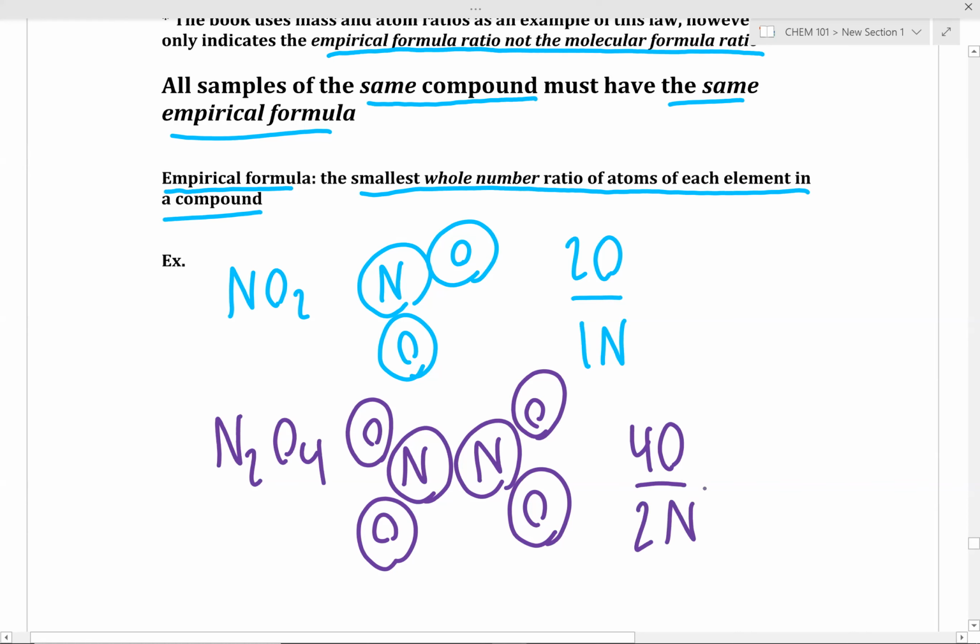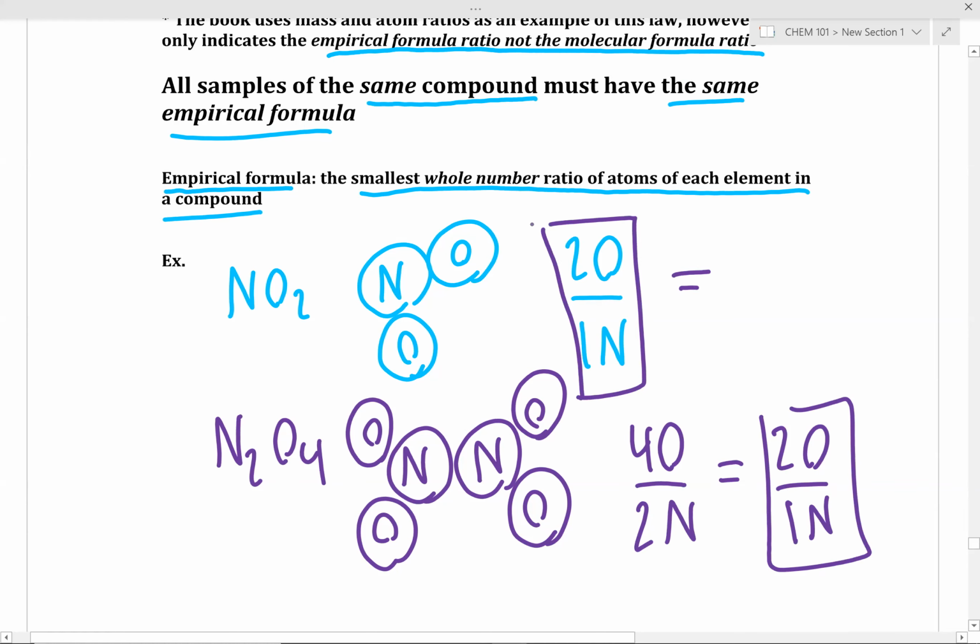Now, clearly, are these 2 species different compounds? Do they have a different number of atoms of each element? Yeah. However, if we're only looking at atom ratios and mass ratios, this ratio simplifies to 2 oxygen per every 1 nitrogen.